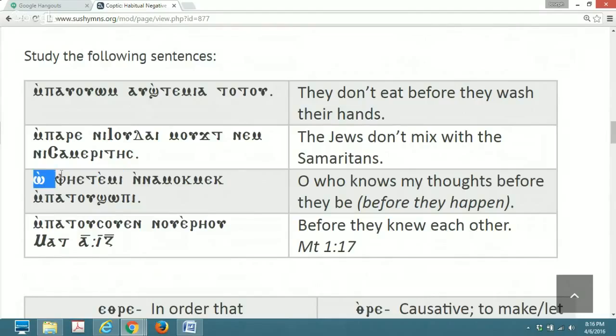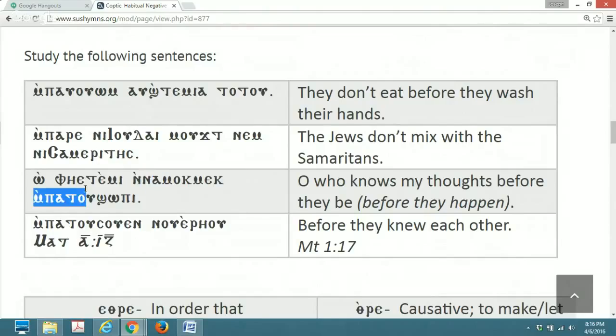So it means, oh, you who know, or you who knows. Who knows what? In na mukmik. Mukmik are like thoughts. Na mukmik, it's the plural, possessive adjective, first person singular. So, oh, you who knows my thoughts.